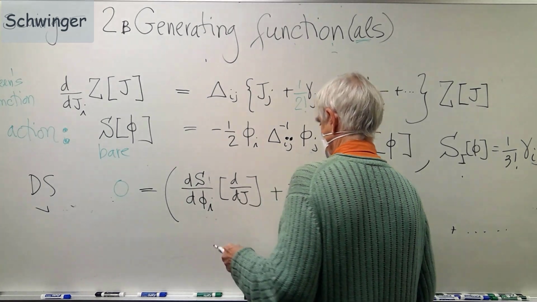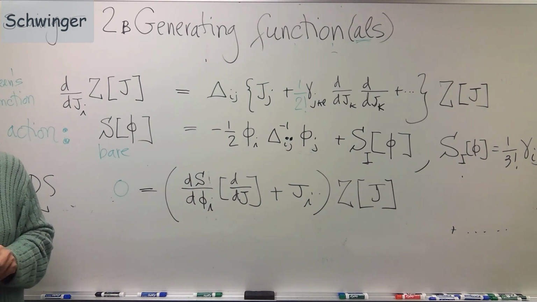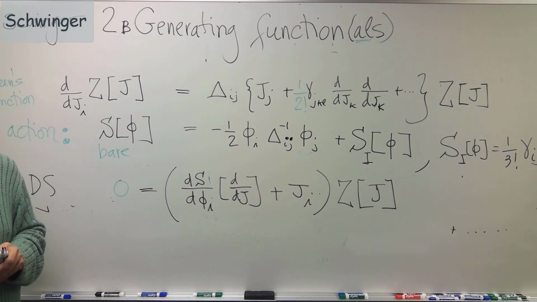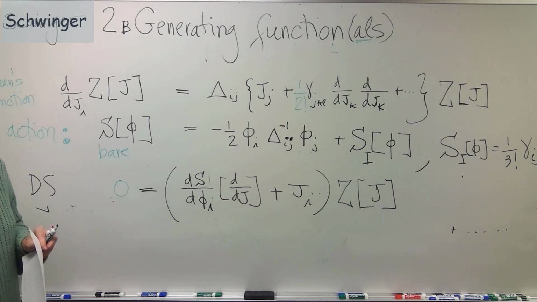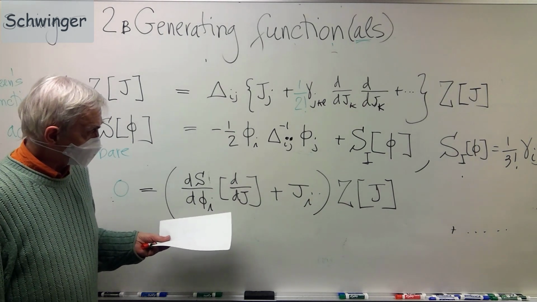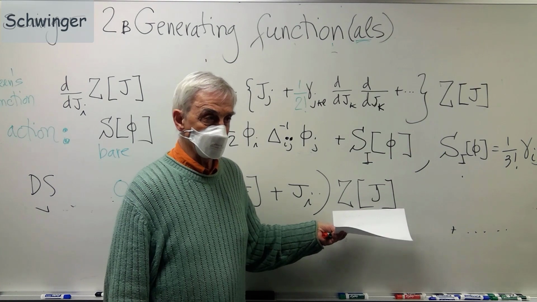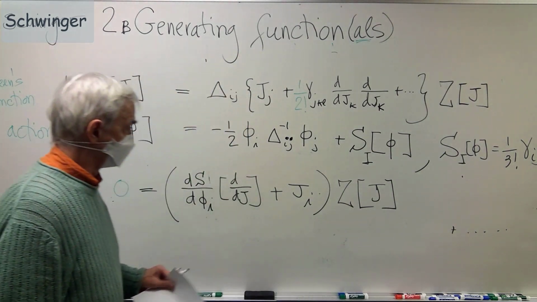It's this action, first derivative of it, meaning I was pulling one leg out. And it says the action plus the source, acting as an operator, meaning derivative with respect to j, on the partition function has to be 0.